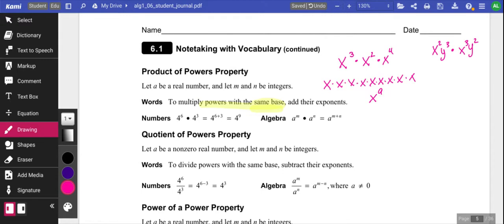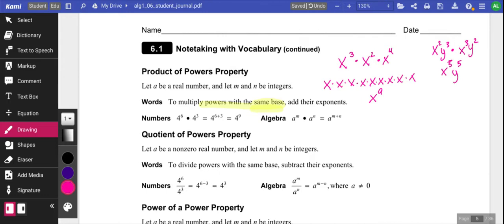Okay, everything with the same base is going to get added together. Those two exponents that you have, the 2 and the 3, they get added together. I get x to the 5 times y, same thing, 3 plus 2, also to the 5th. Right?